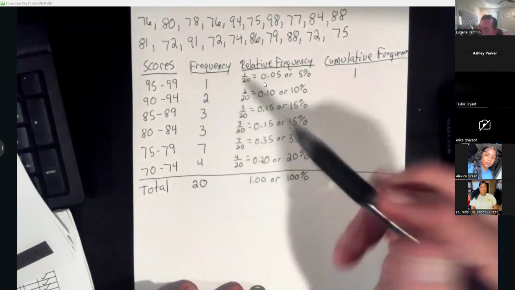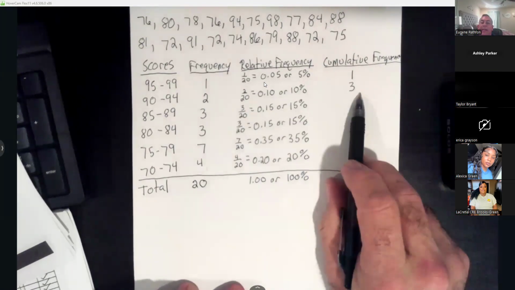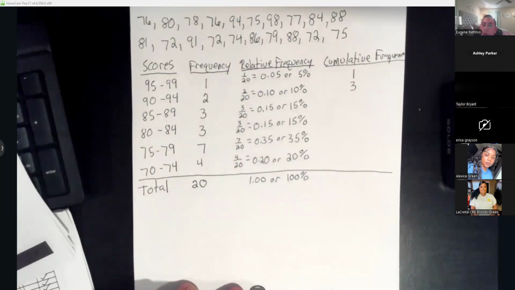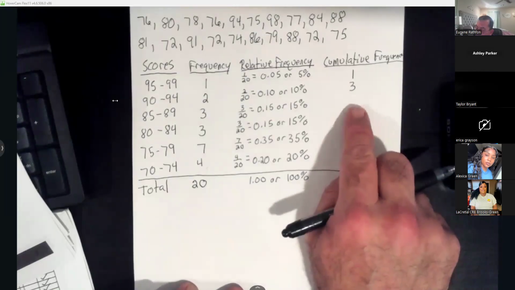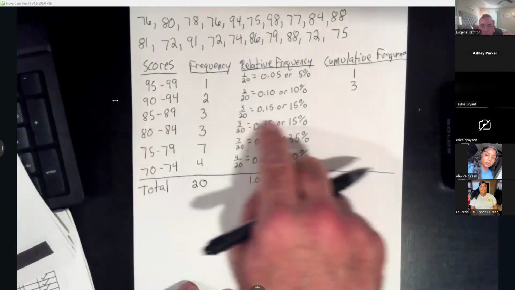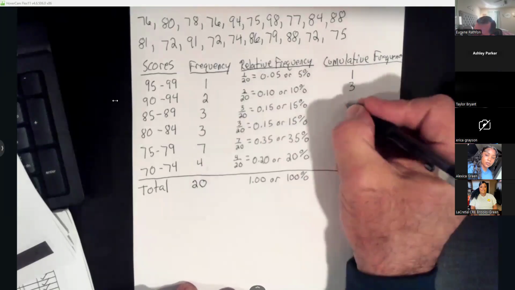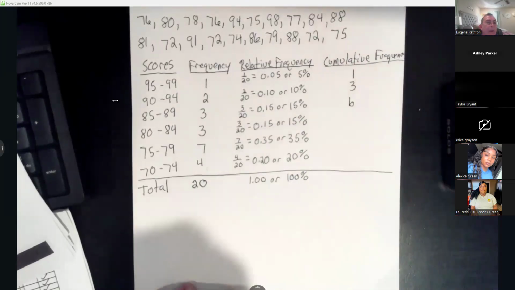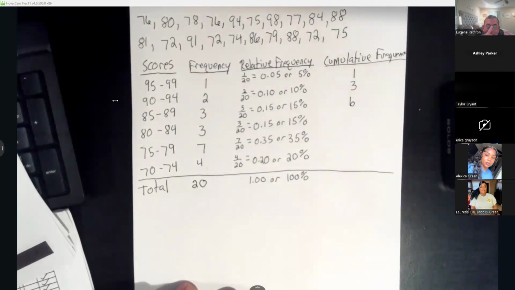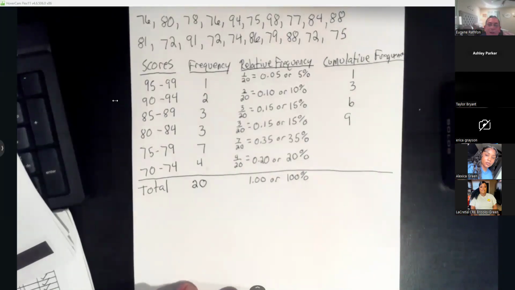So 2 plus 1 gives us a cumulative frequency of 3 at that point. So y'all let me test y'all on this one. What's my next cumulative frequency going to be? 6, good job, because we had 3. The new frequency was 3, so that gave us 6. All right, y'all keep going. All right, 9, good job. So Trinity's on a roll tonight, right?